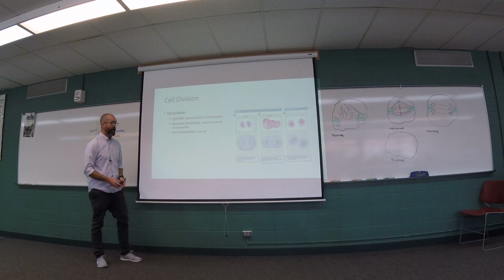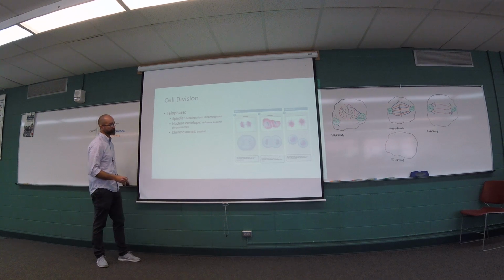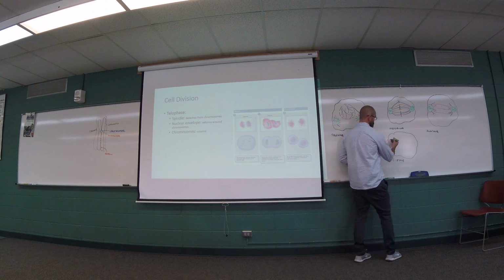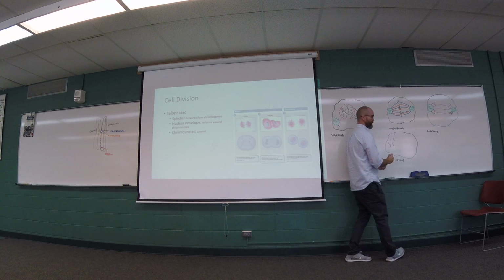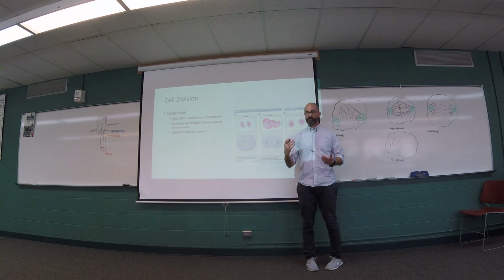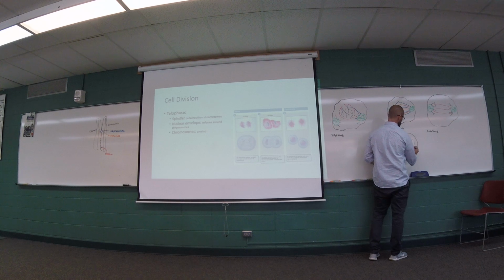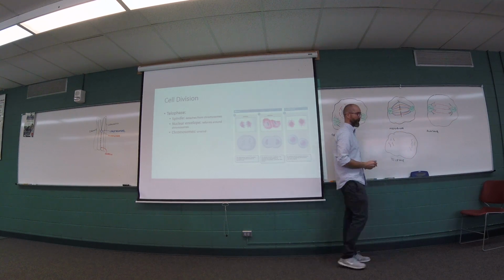So at this point, we have two sets of chromosomes. And they're no longer X's, right? I mean, they're just kind of individual chromosomes. But they're on opposite ends of the cell, like that.